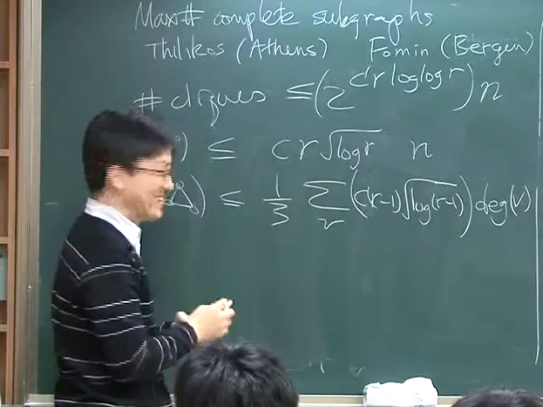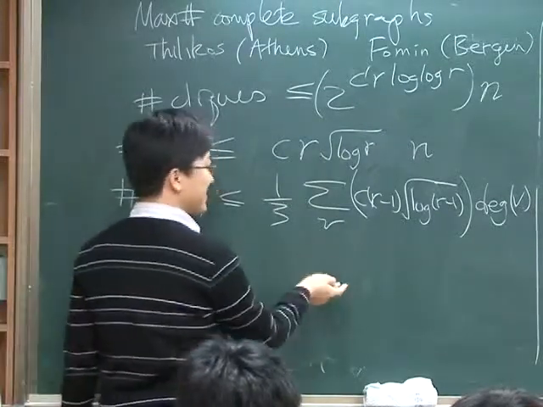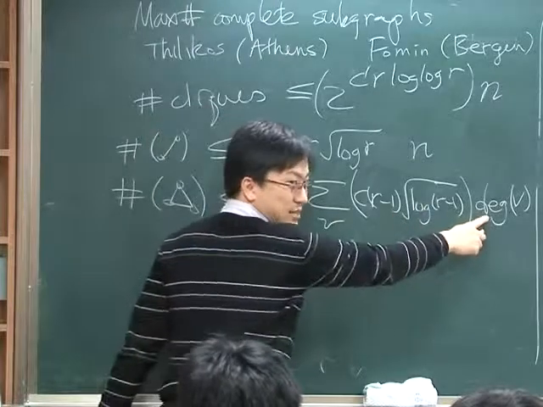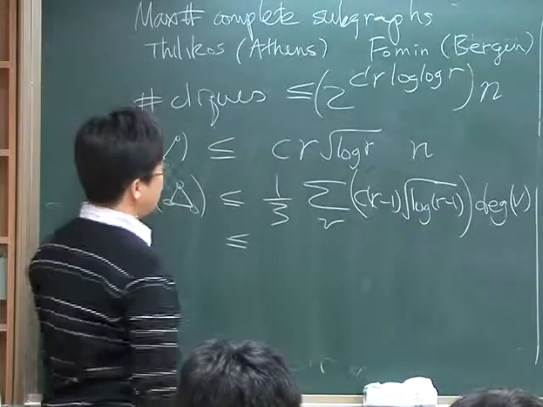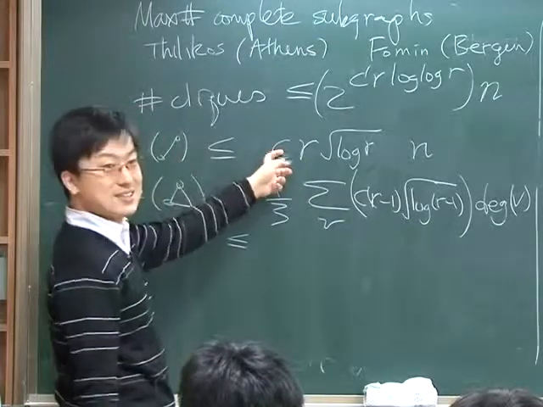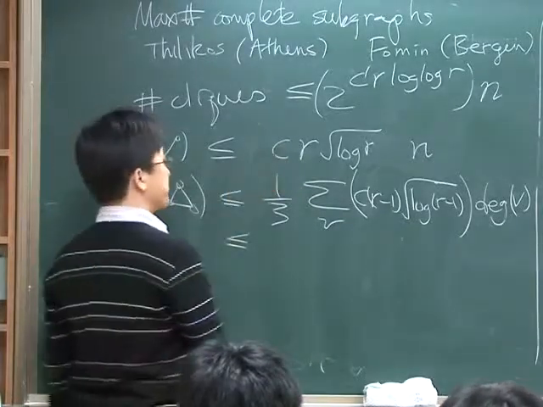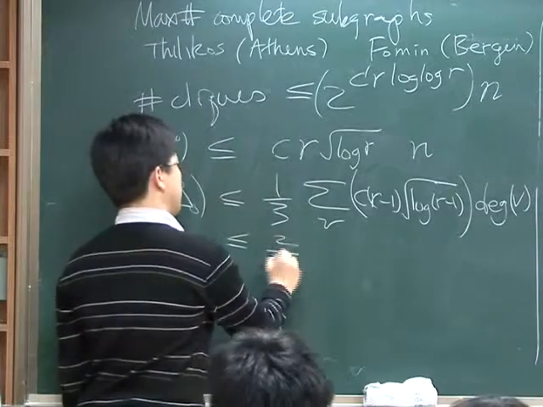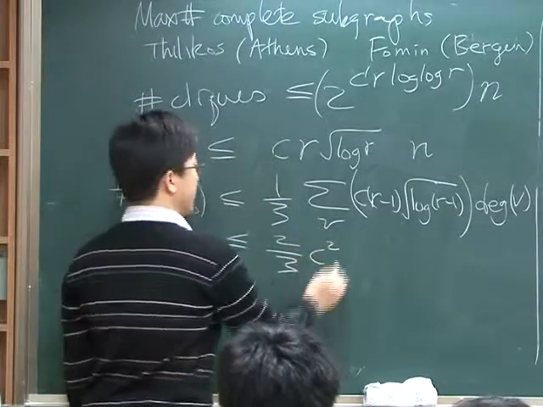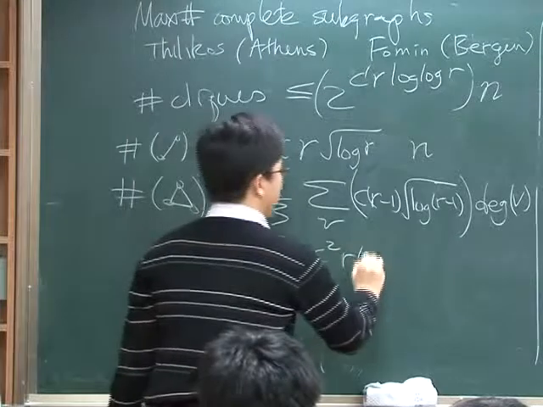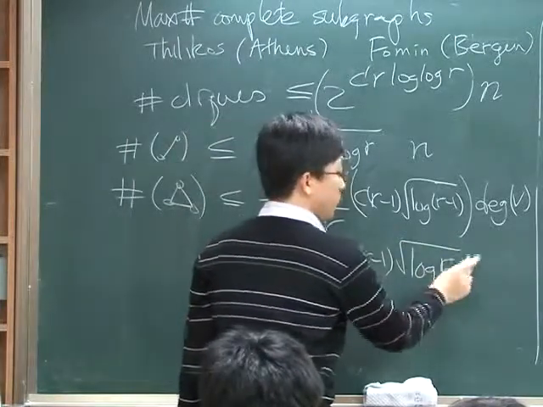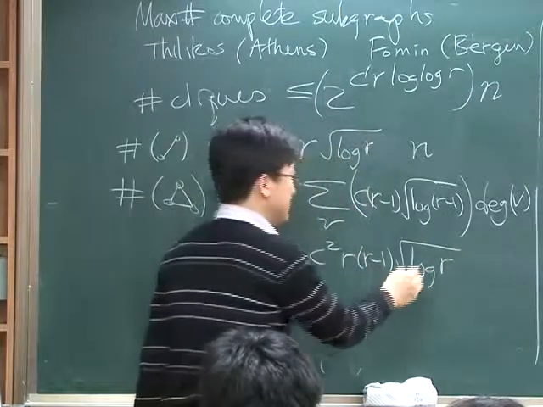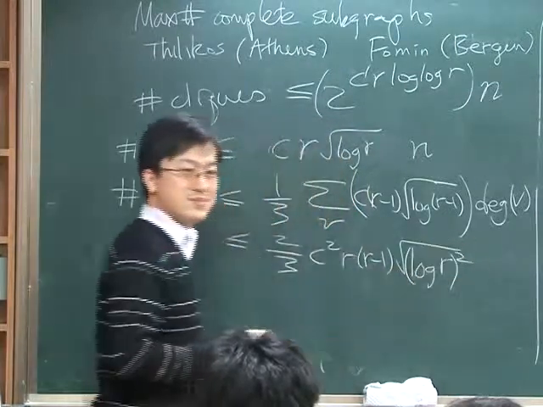Alright. And then what is the sum of degrees? That's twice the number of edges. So twice the number of edges is this. So 2/3 times constant squared times r minus 1 square root log r minus 1, but let's just take r to be simple.